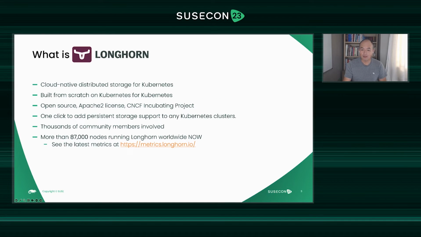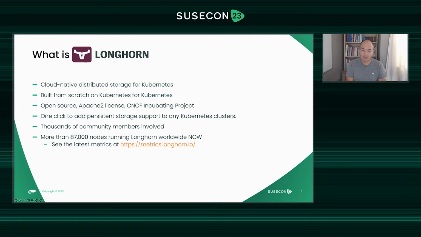So how can we help? That comes with the topic of this session, which is Longhorn. Longhorn is a cloud-native distributed storage system for Kubernetes, and it's built from scratch on Kubernetes and for Kubernetes.